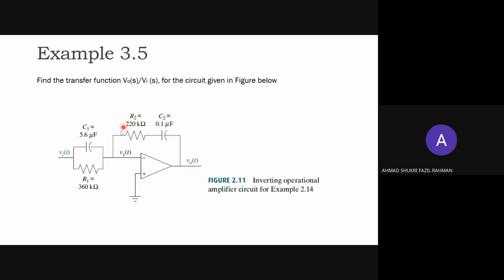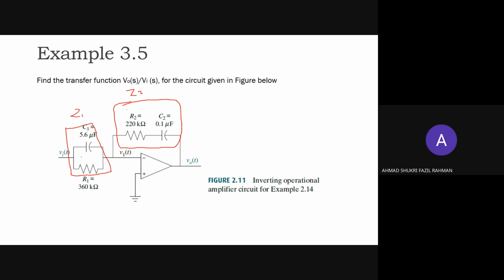We have two passive components, and we can summarize the whole thing here as Z2, and then we can represent the whole impedance here as Z1.